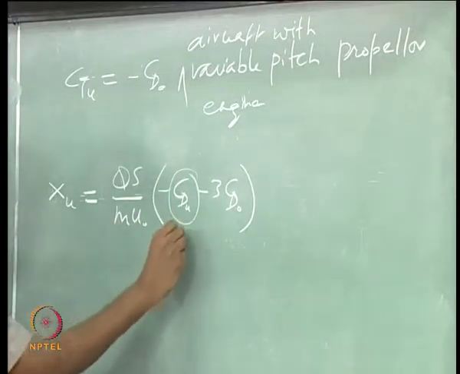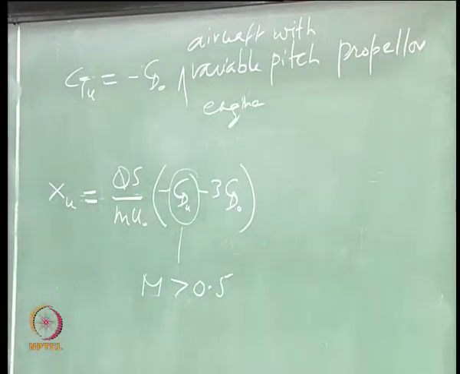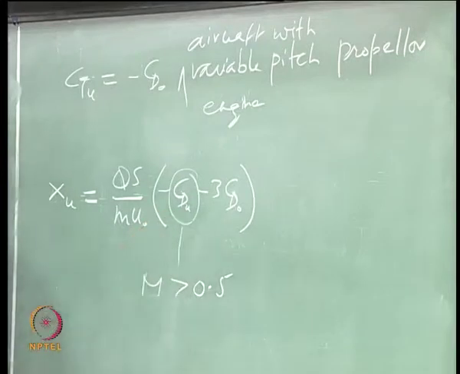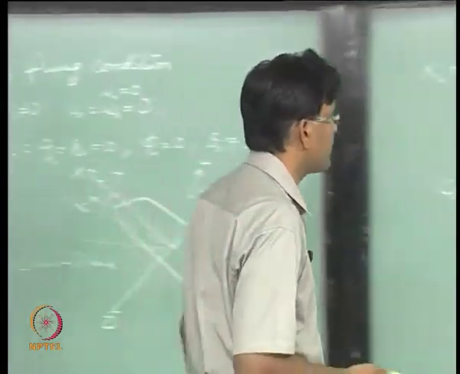Actually, it's going to be effective only when you are flying beyond Mach number 0.5. Okay. So, you have to remember that you have to actually include this in your equations if you want to accurately predict the motion, right. So, you can never actually predict motion using this 100% accurate, right, but you want to get a close estimate, a close prediction.